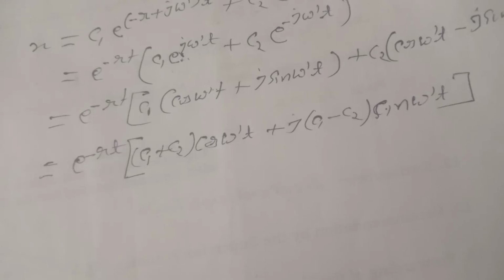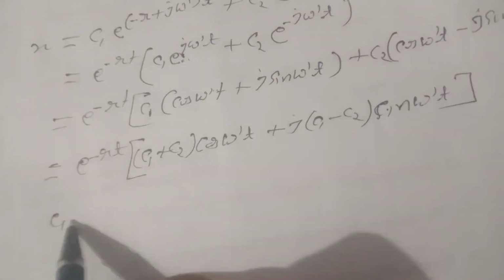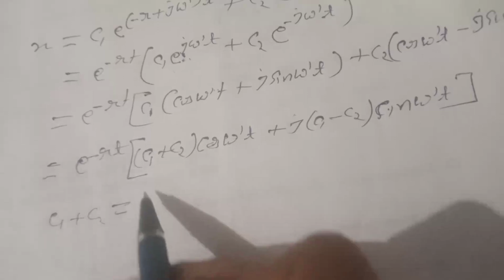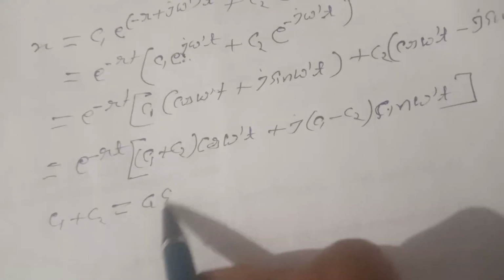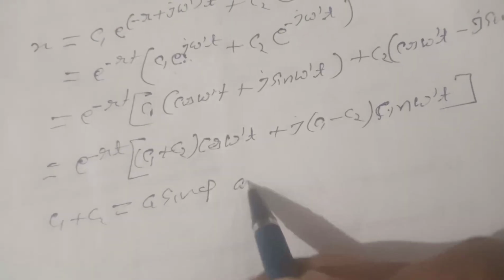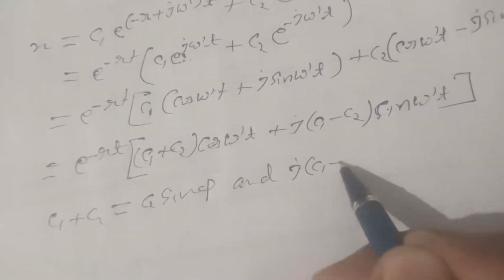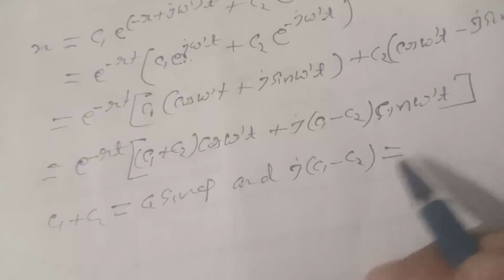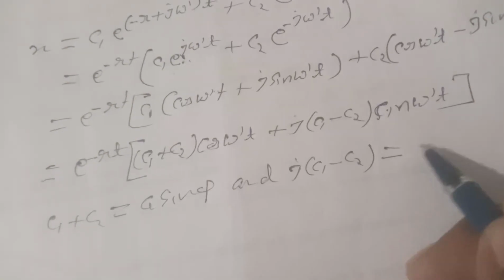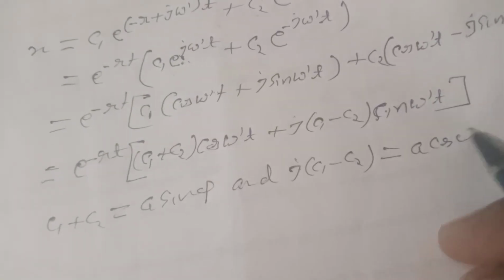Now this equation may be further simplified, taking c1 plus c2 equals a sine phi and j into c1 minus c2 equals a cos phi.